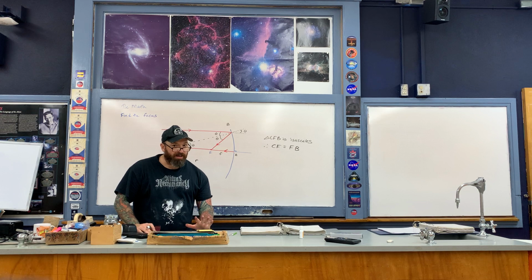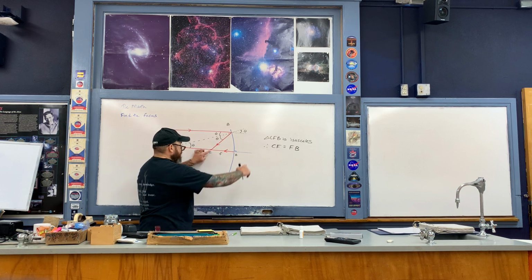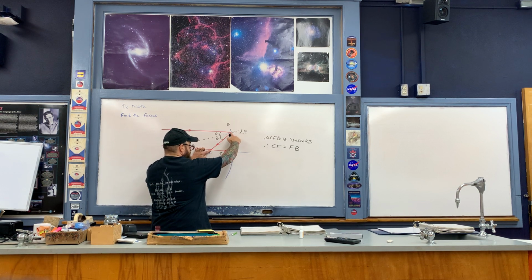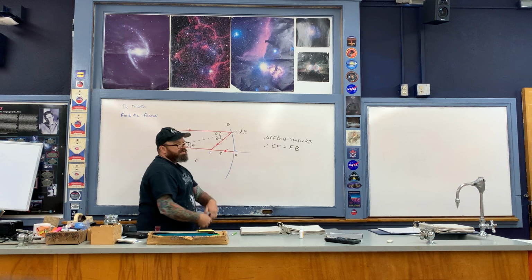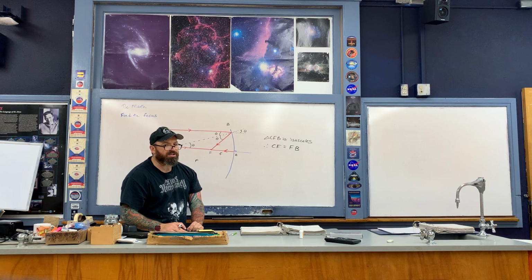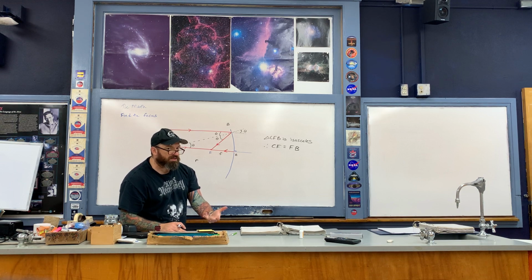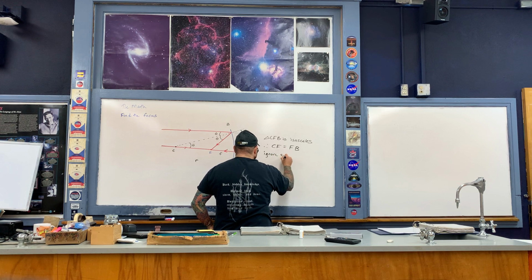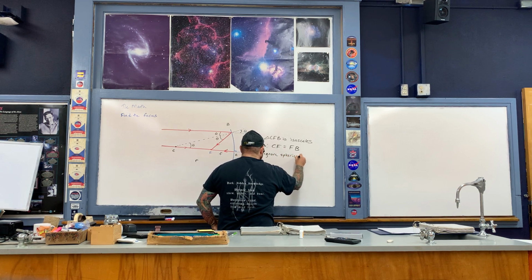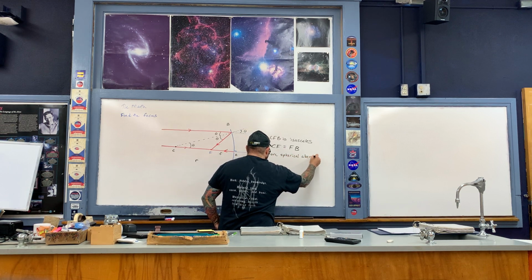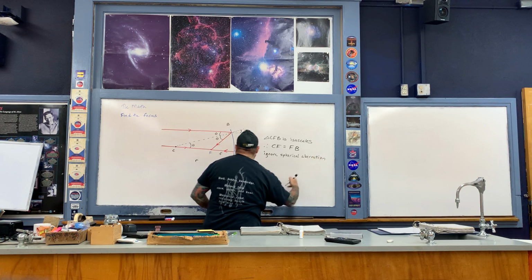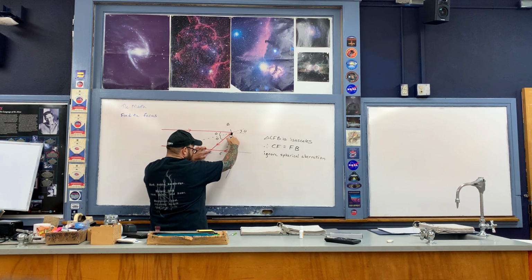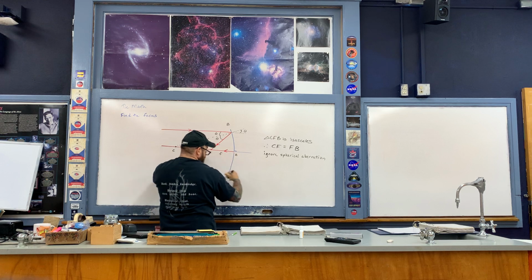Now here's where we ignore spherical aberration. If you're talking about a parabola, then this distance FB is the same thing as this distance FA. That's not quite the case if you're talking about a sphere, but as I said, we're ignoring spherical aberration. So FB is about the same thing as FA.